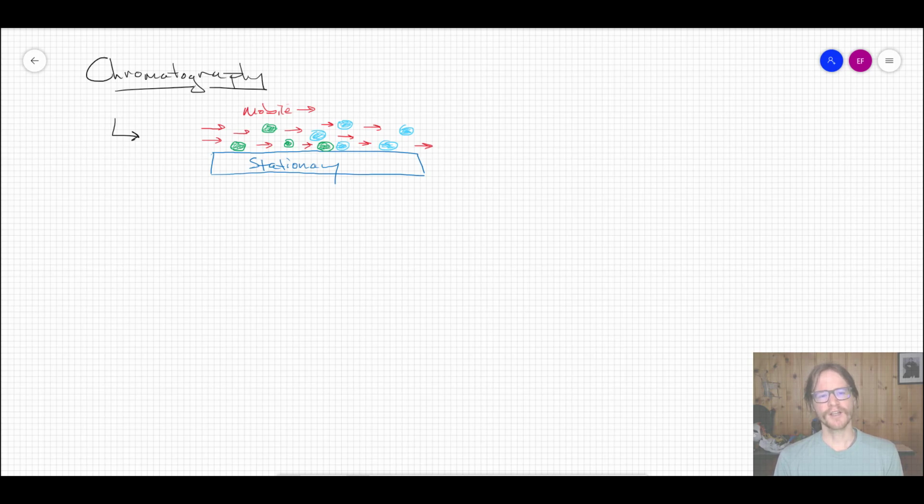I have a mixture of these green and blue compounds, and their selective interaction with whatever the chemistry is that's adhered to that stationary phase, they will either bind more tightly or more loosely, which changes the rate at which they pass through that stationary phase. We call that elution, the process by which a solute moves through a stationary phase.